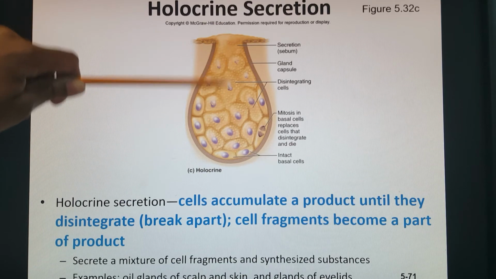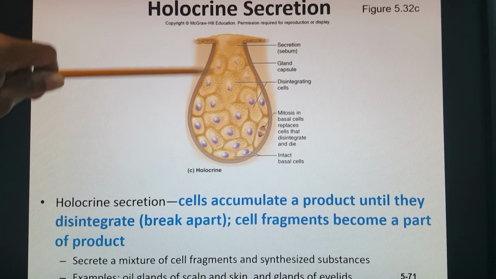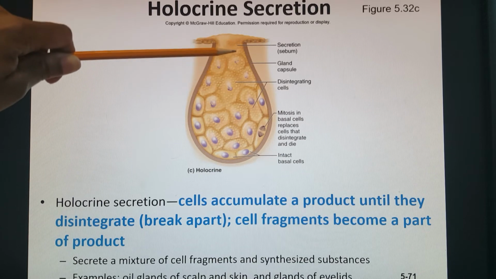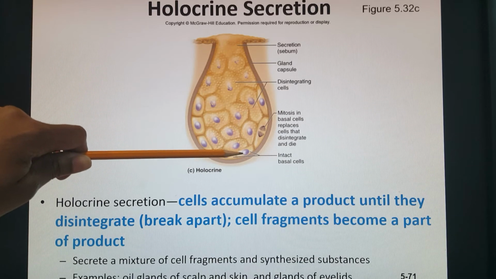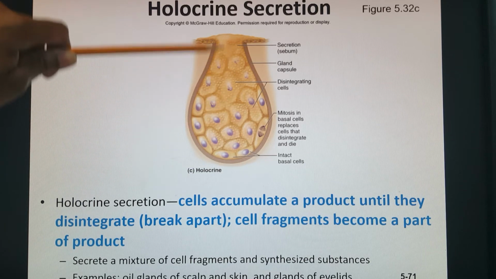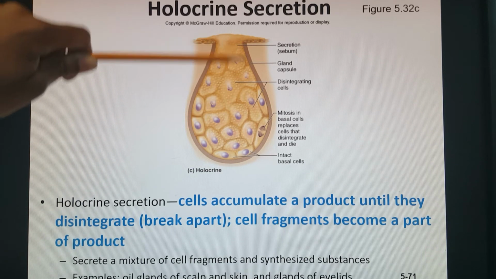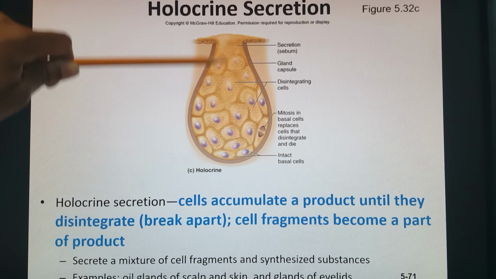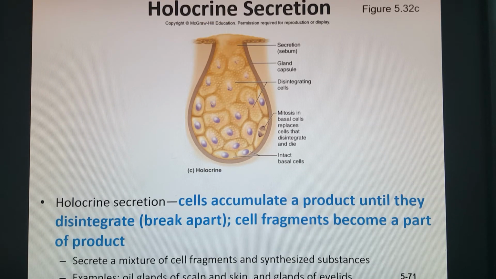So part of the oil that's on your skin is also dead cells that were originally making the oil product. Down here we have our newer daughter cells, older ones get pushed up, and the cells that died off become actually part of your product.